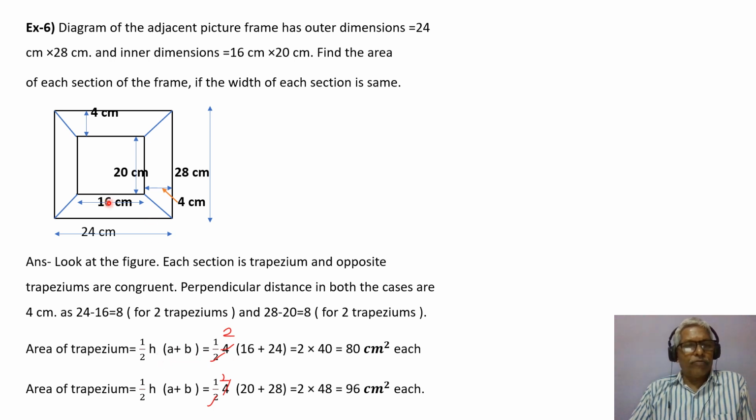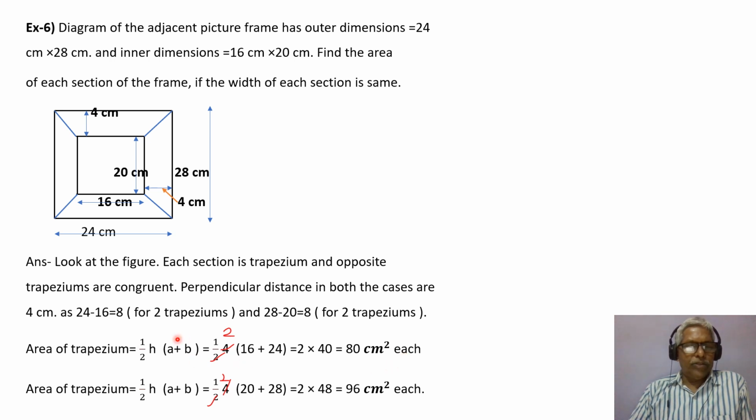Now we are calculating for this one. Here h is 4 and the sides are 16 plus 24. Simple. Half of 4 is 2, and 16 plus 24 is 40. So 2 into 40 is 80 centimeters square each.